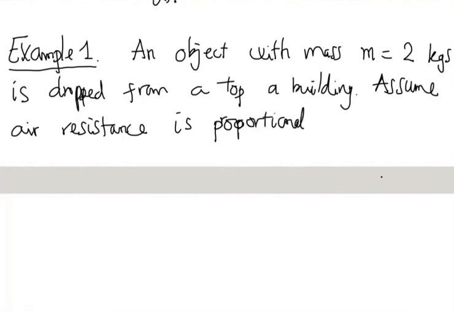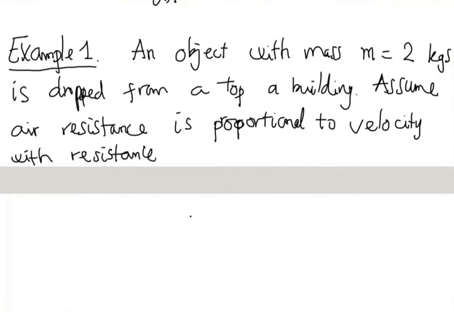Proportional to velocity, with resistance constant gamma equal to 4. It has a unit, which is a little odd, to match up with the formula.